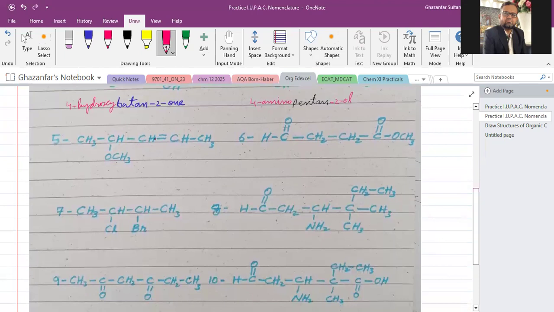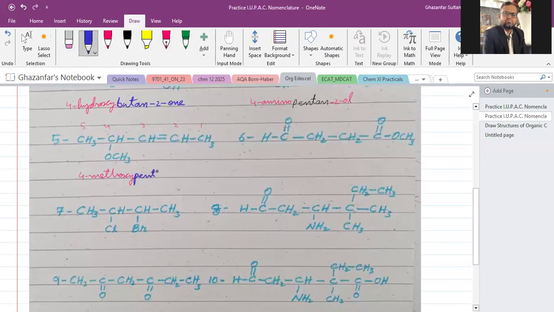Next, now this is the functional group double bond, and this is a subordinate group just like the methyl group, but it is not methyl, it is methoxy. So we start the numbering from here, 1, 2, 3, 4, 5. So the name of the compound is 4-methoxy, and a total of 5 carbon atoms are there.